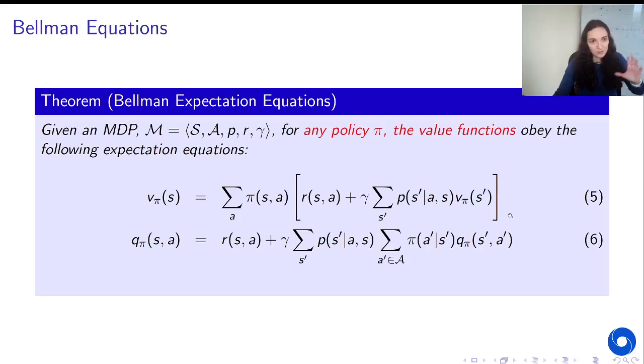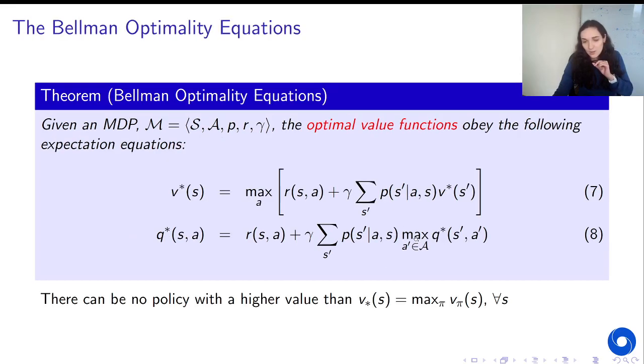This is very similar to the ones that we've seen in terms of expectation, but instead of having an expectation over the next action here and here, there's a maximization over actions. And this is because of the optimality. And let me give you some intuition why the optimal value functions might satisfy this equation.